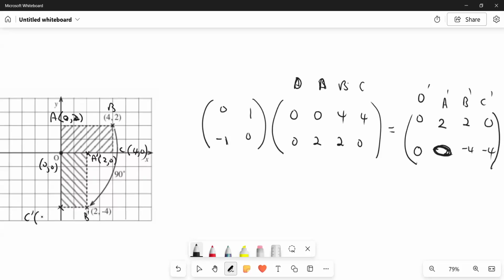C prime is 0, minus 4, right? You can always check it back to see that it's correct. This is a clockwise rotation of 90 degrees, and this is the matrix that will do it, right?